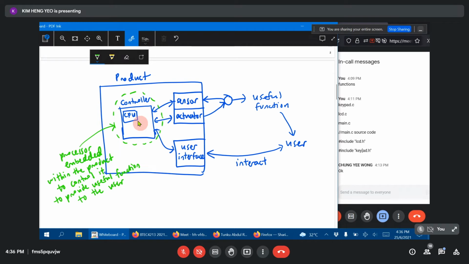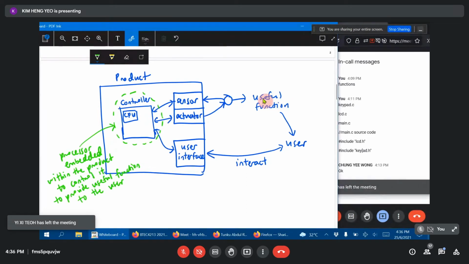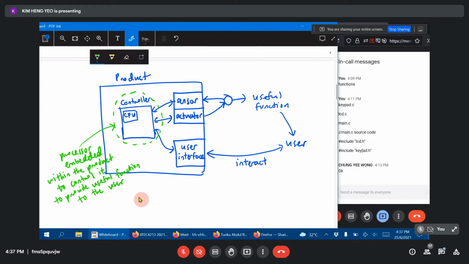Embedded systems, you do not use the processor directly, but you use the function provided by the product. So this is how you would describe an embedded system: a processor embedded within the product to control it, to provide a useful function to the user.